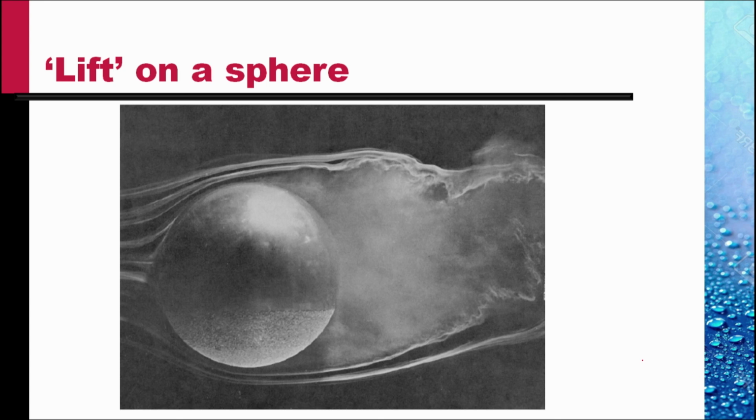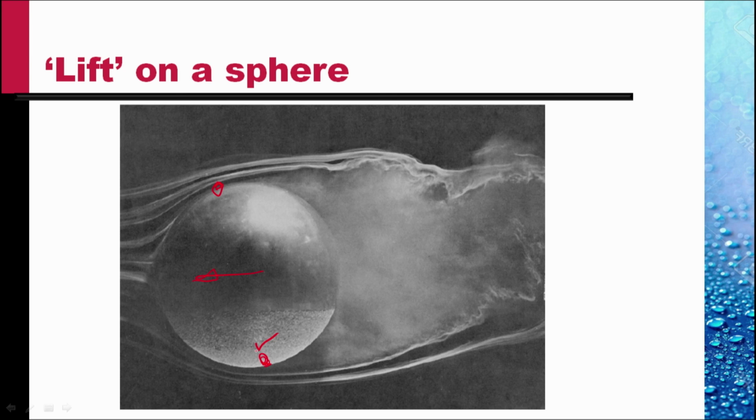In this case, a ball, a sphere with one side roughened and the other smooth, is traveling in that direction. So the flow is to the right relative to this. The upper surface is smooth, so the boundary layer remains laminar, and because it is laminar, it separates earlier. On the bottom side, the rough part makes the boundary layer turbulent, and it separates much later.